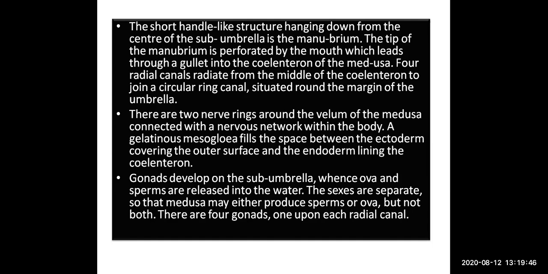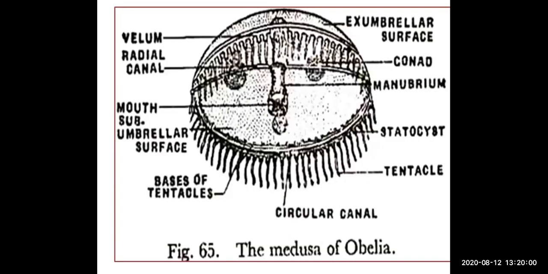The sexes are separate, and a medusa may produce either sperms or ova, but not both. There are four gonads, one upon each radial canal. It is a velum, radial canal.